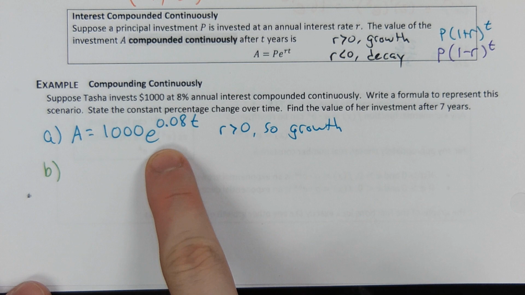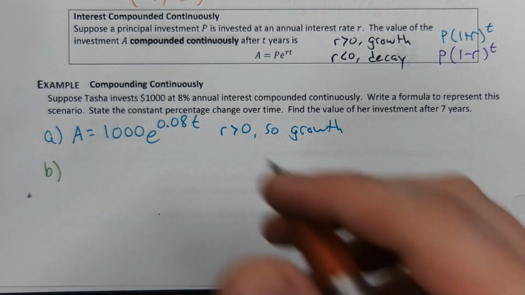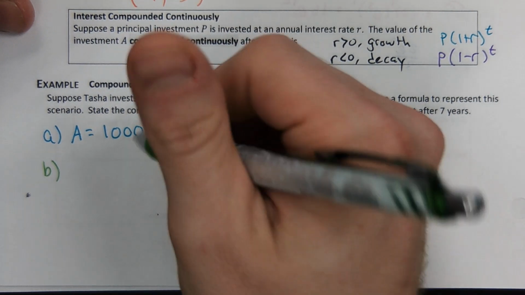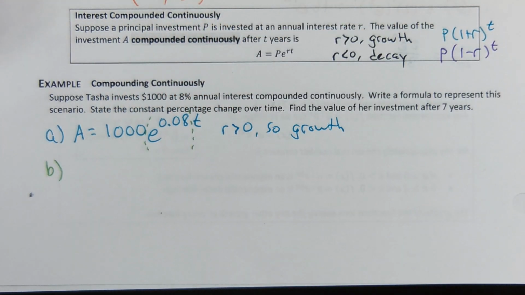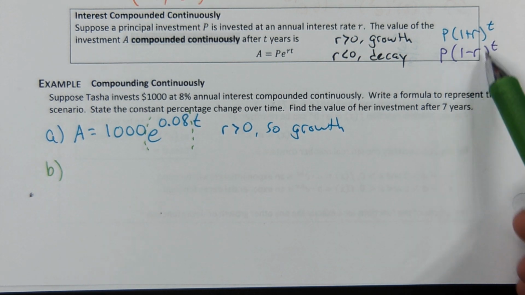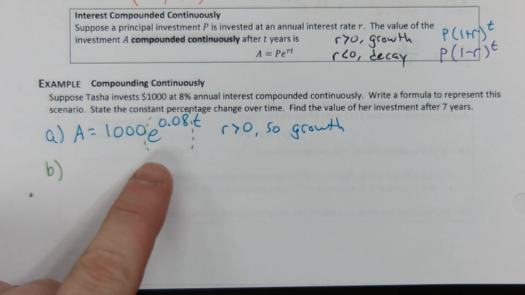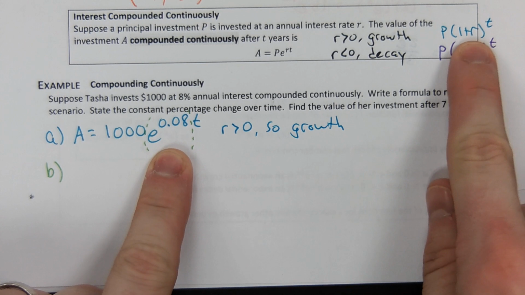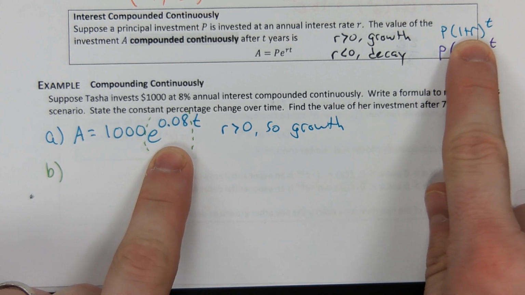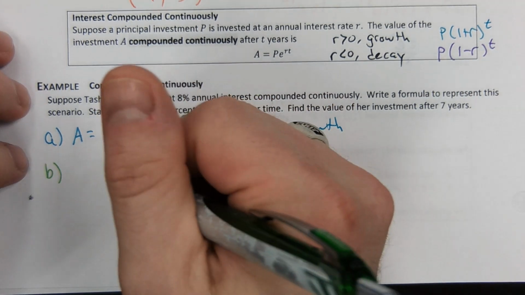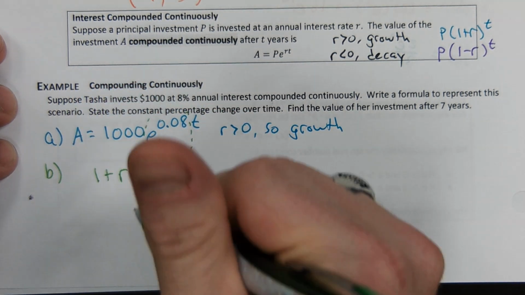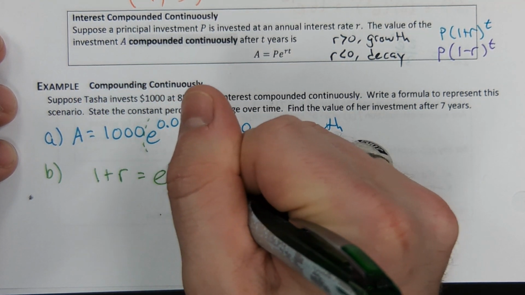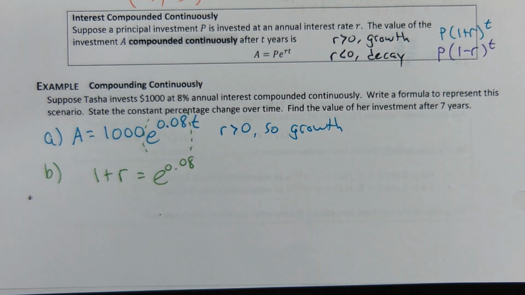Our e to the power of 0.08 is representing our b value for this. So we have this thing in green parentheses equaling this thing since it is growth. We know that 1 plus r is e to the 0.08, once again, because it's growth.